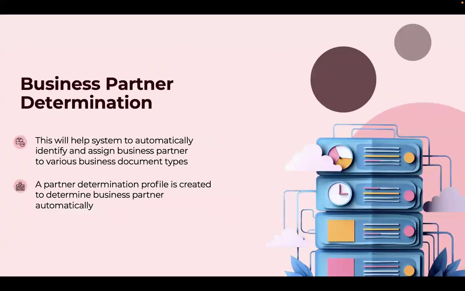And business partner determination. This actually helps the system to automatically identify and assign the business partners to various business document types. And the partner determination profile is actually created to determine the business partner automatically.